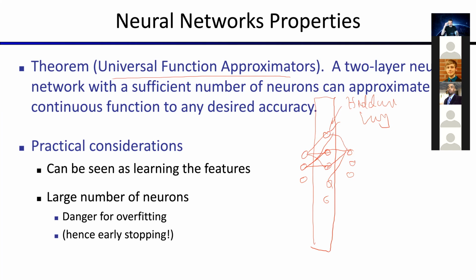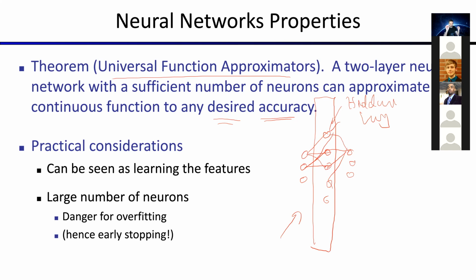You can increase or decrease it, and this theorem says that if you have a function and you want to approximate it with a certain accuracy, then there exists such a neural network that can approximate this function with any desired accuracy.